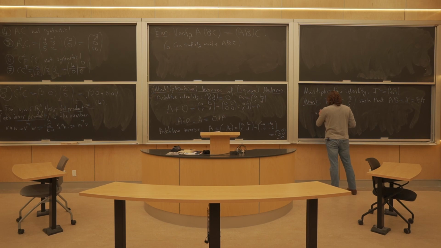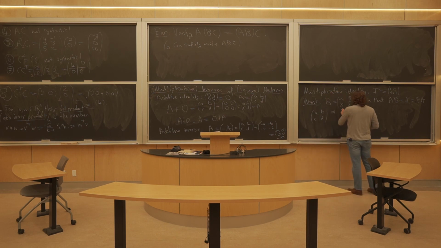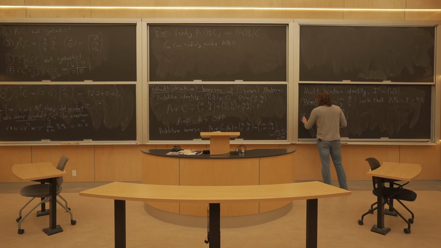So A, B, C, D, alpha, beta, gamma, delta. I want this product to be equal to 1, 0, 0, 1. Let's multiply this out.